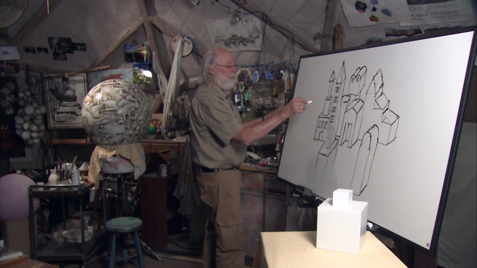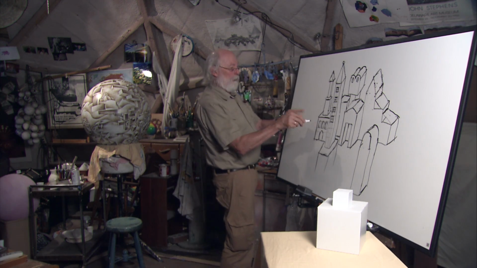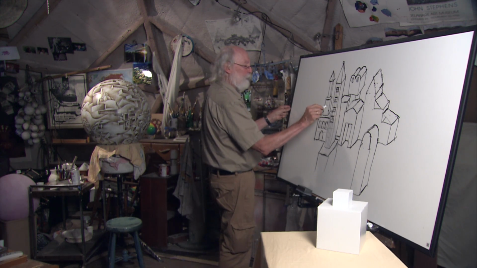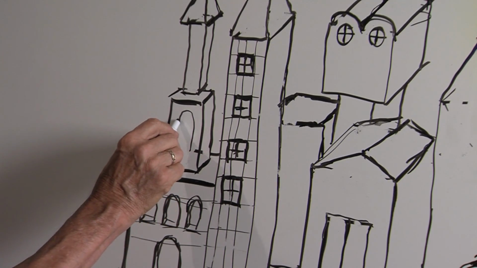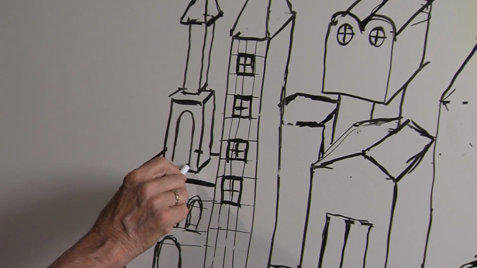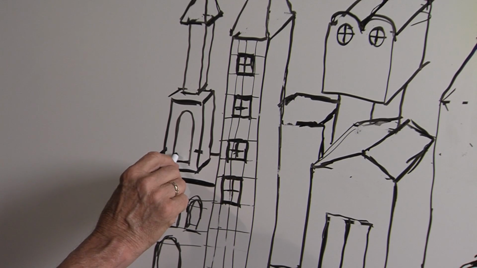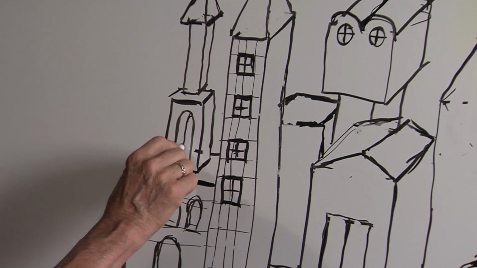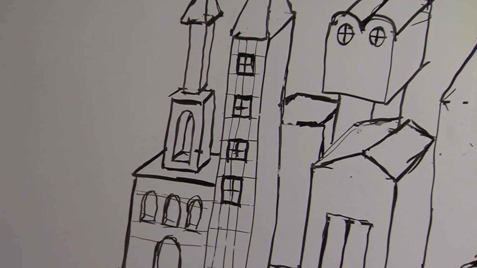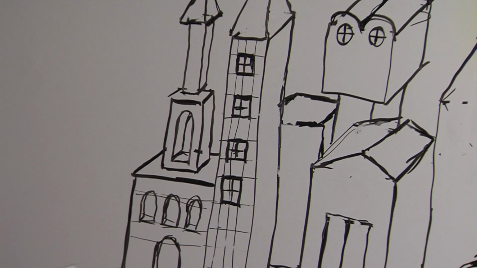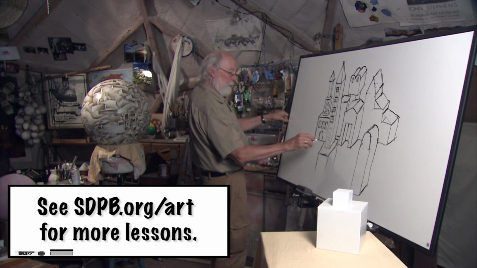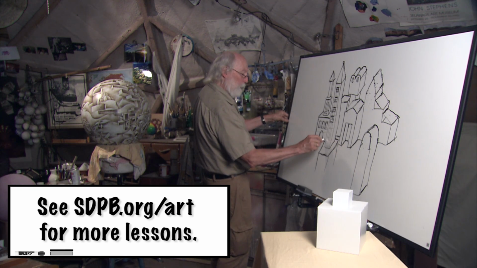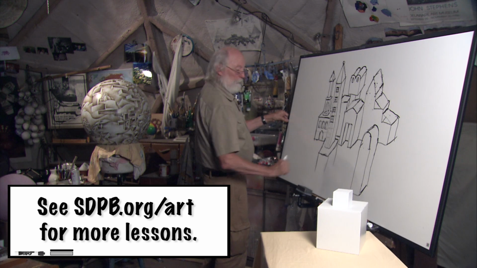Let's see, since I'm doing arches there, I need to probably continue with that. I'm going to do a great big arch here that cuts across. Maybe it goes way inside like that. So you have a kind of carrying on the same theme all the way through it. While I'm at it here, I'm going to get rid of that little line.